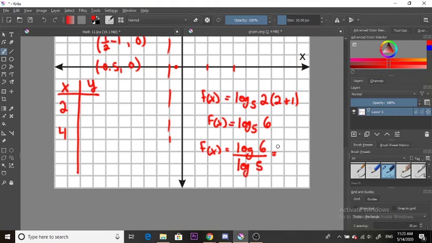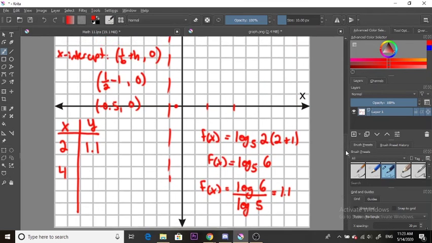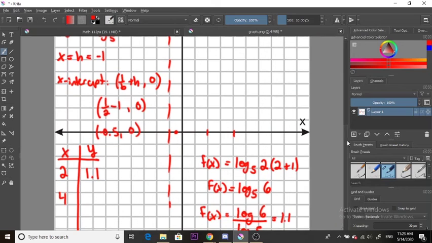When I calculate that, log of 6 divided by log of 5 will give me 1.1 approximately. So at 2, it will be at 1.1, which is just above that line there.